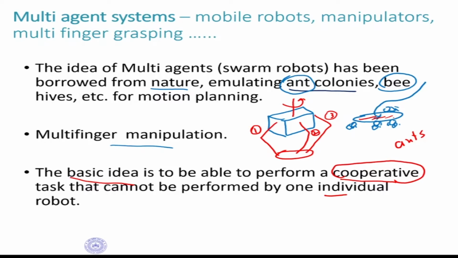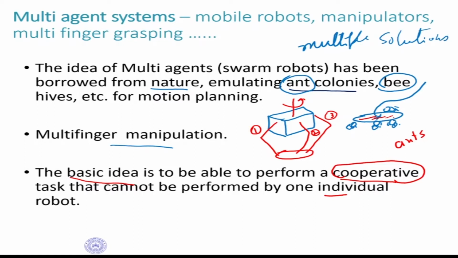In the case of multi-finger manipulation also, we have the same concept. We have multiple fingers which are actually applying a force or motion to the object and manipulating the object in some way. Now something that you note here is that there can be multiple solutions. Okay, multiple solutions.